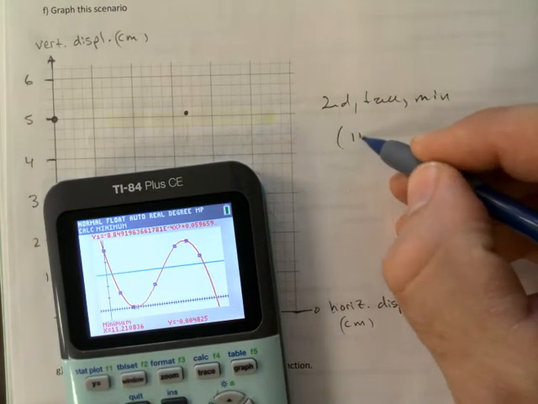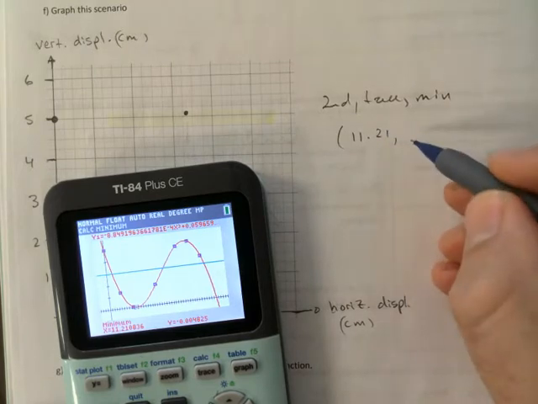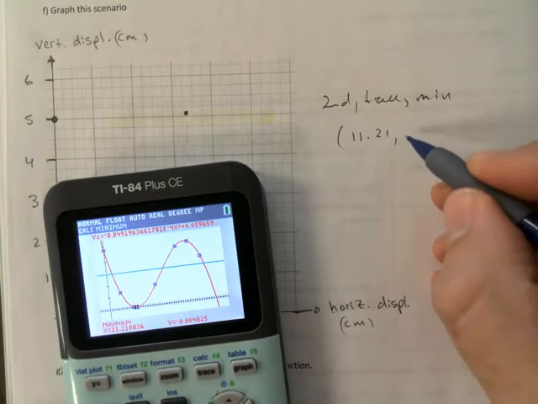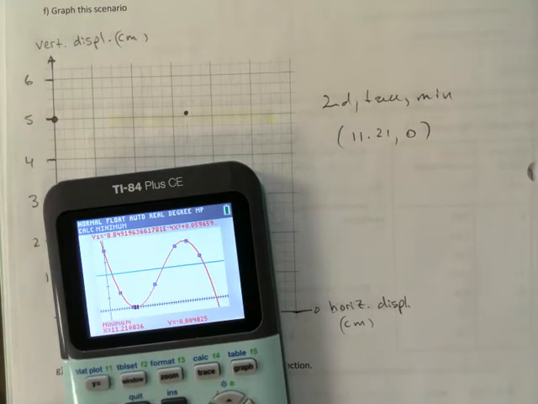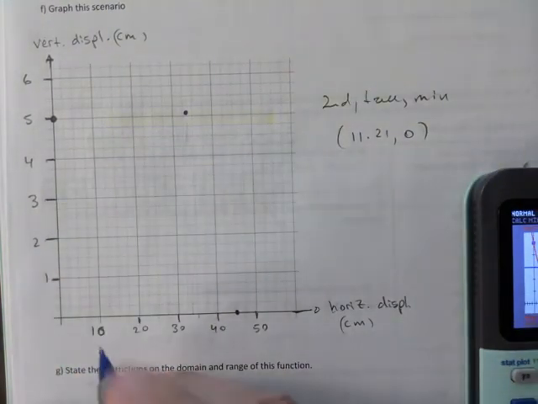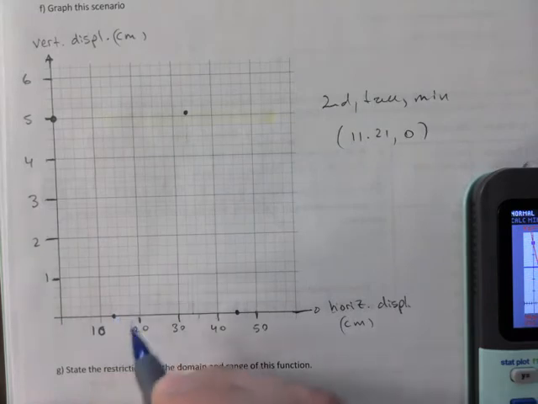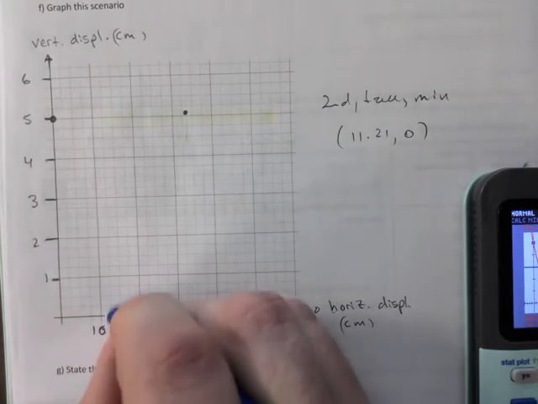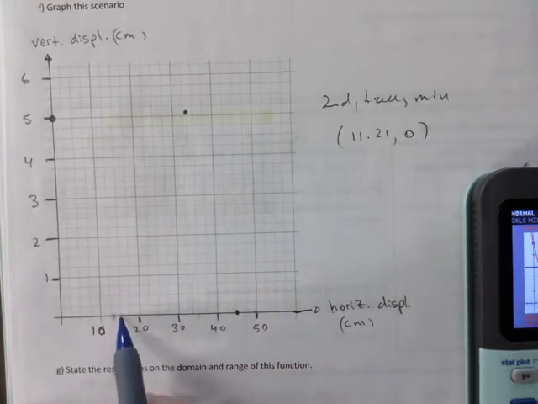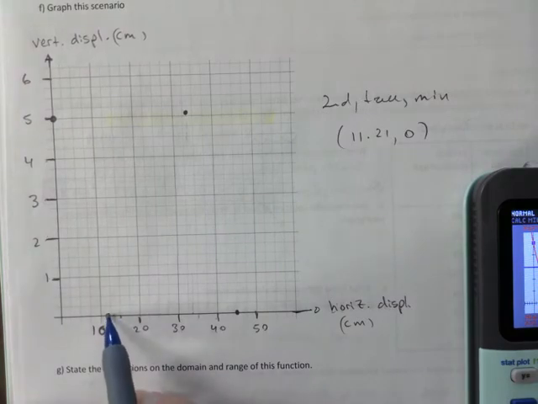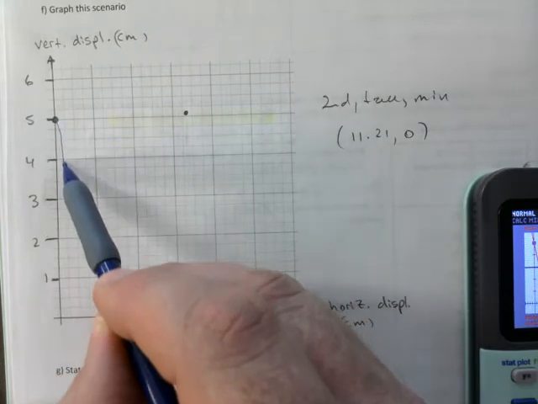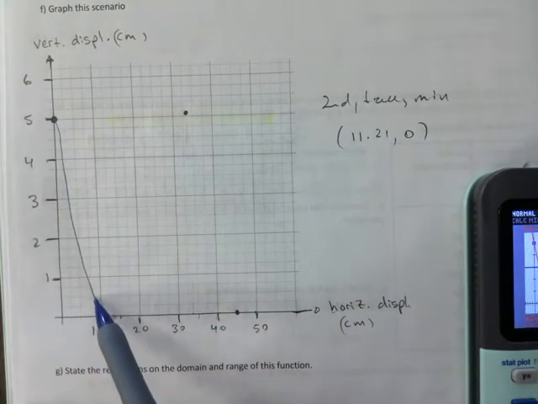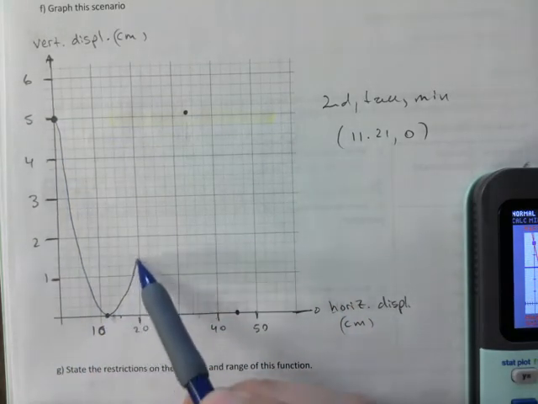Hey, let's pretend like we didn't know that. And this is pretty much 0 here. Okay. So 11.21 is right about there. No, it's more like this is 15 here, so 11 would be there. Okay. So you just go down and back up.